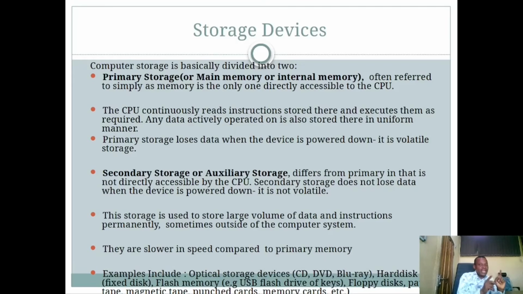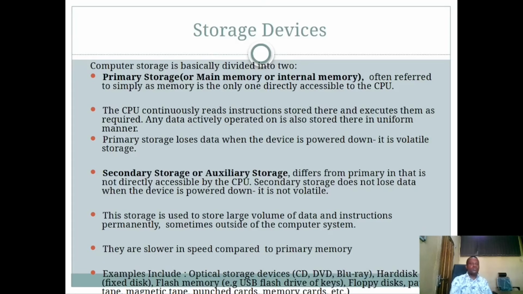It is volatile storage. So if you want to keep your data permanently, if you want a place where you can store your data and transfer it to another system or to another device, then you need to use secondary storage or auxiliary storage.